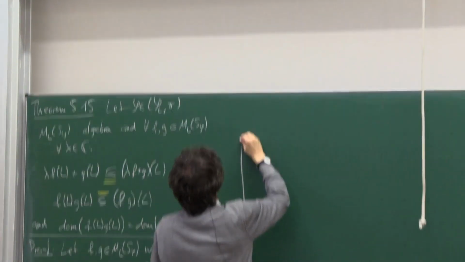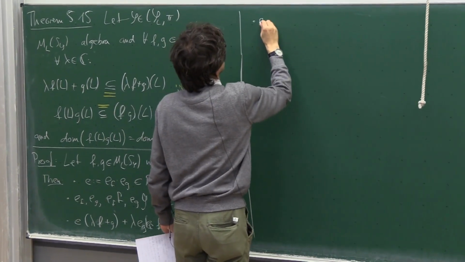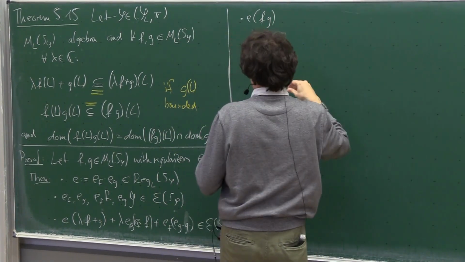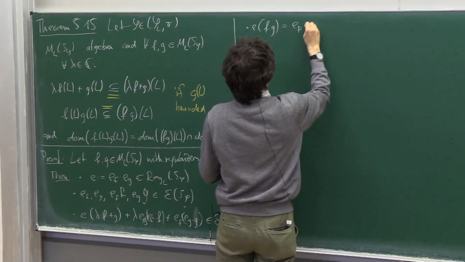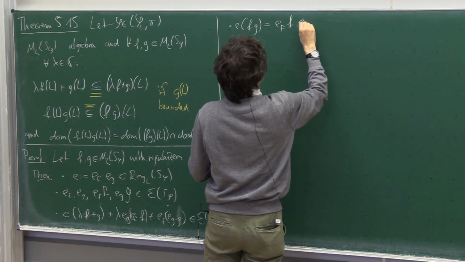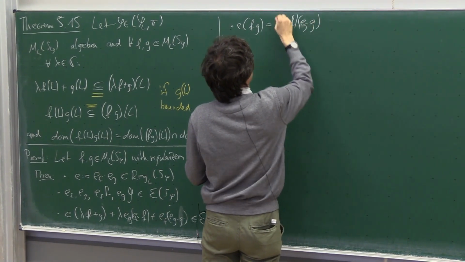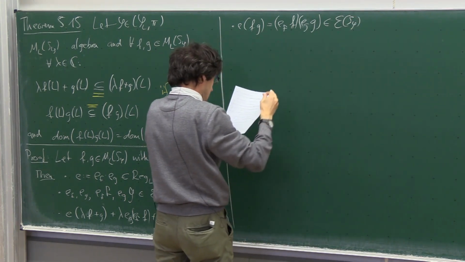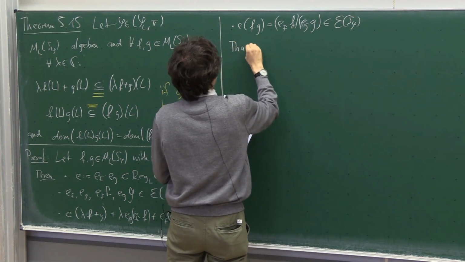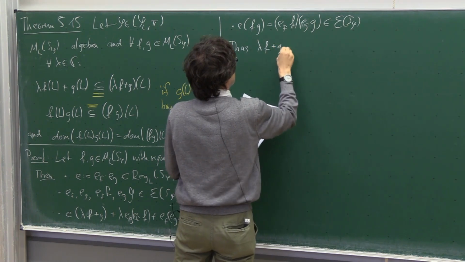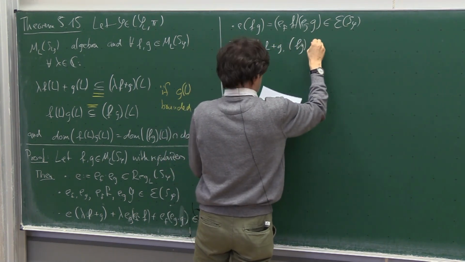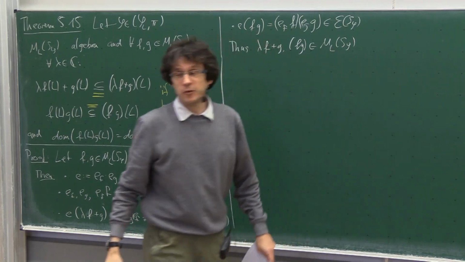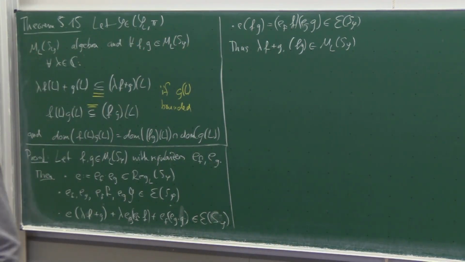Same thing for the product. If you take E FG, this is the same as E_F F times E_G G. Both of these are in the Dunford-Riesz class, so this is in the Dunford-Riesz class, and this means that lambda F plus G and FG are regularizable functions. So what we've proved is that this is an algebra.